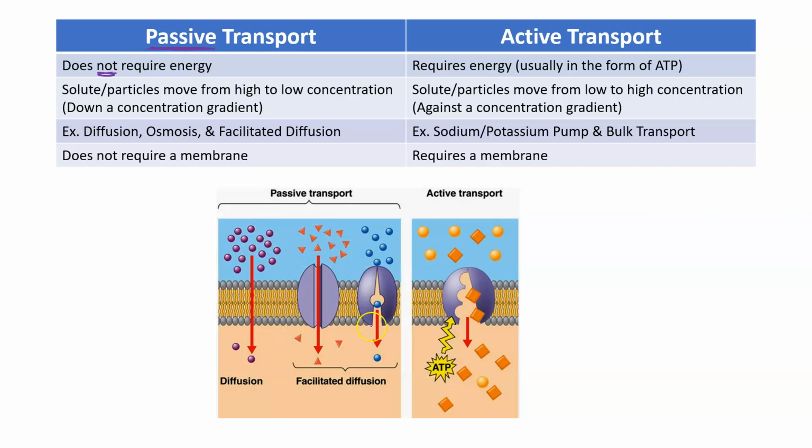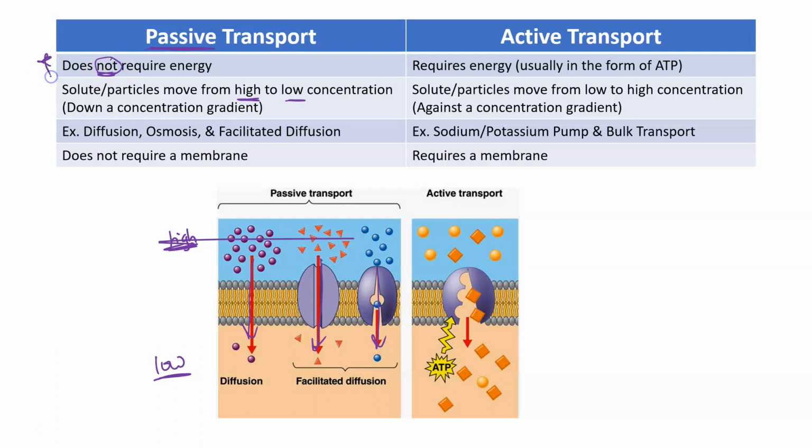Notice there are no ATP molecules being utilized. You are going from a high concentration to a low concentration. All of these arrows are pointing from an area of high concentration to an area of low concentration. They are going down their normal diffusion gradient through either the membrane specifically or through a transport protein, channel protein, but most importantly does not require energy.